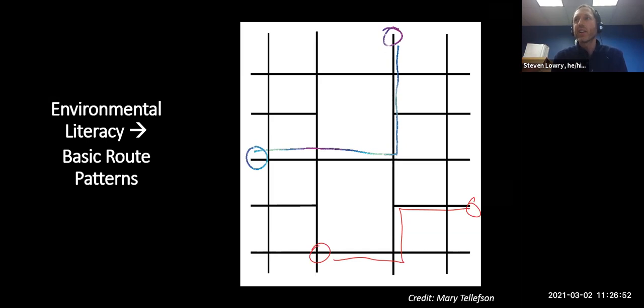So again, these are just a sampling of some of the exercises that can be done to build up those skills to be able to apply concepts using a Tmap to actual travel.